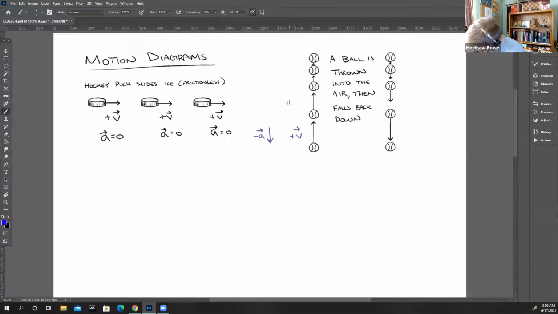So up here, again, we have a positive velocity, but this is going to be a case of constant negative acceleration. This acceleration due to gravity is constant everywhere. So at every instant, this ball is being opposed by this acceleration downward.